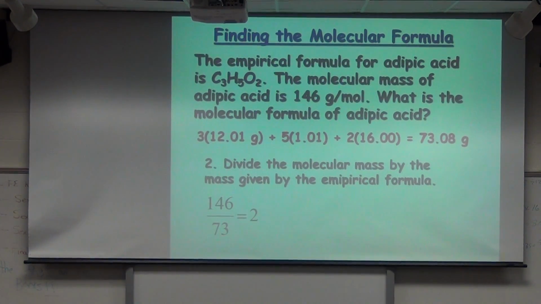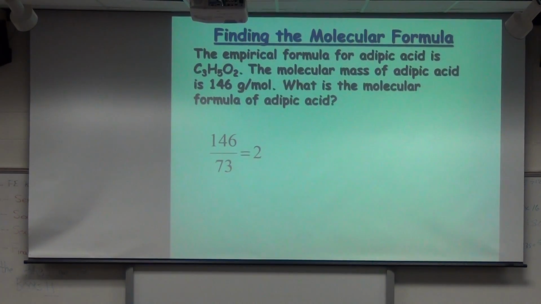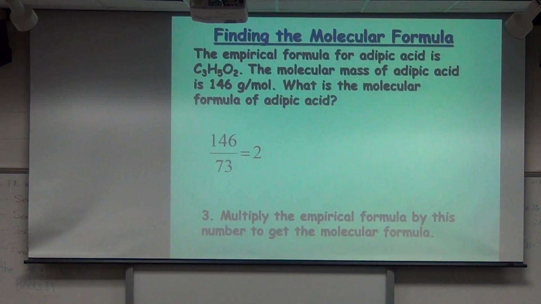As we just said, it's going to be twice as big. And once we've identified that, we're going to take that 2, twice as big, and distribute it through our empirical formula to get our molecular formula.